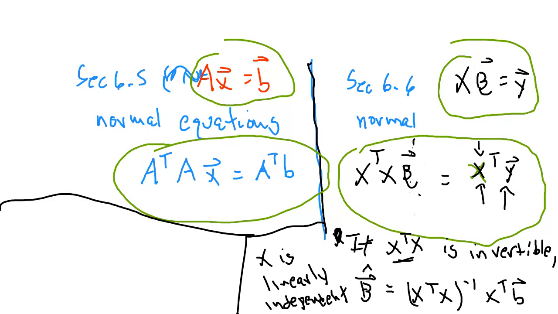Now let's suppose that you had a design matrix where, let's say, this were your design matrix, 1 1, and let's say that 3 3 is your second column. Okay, so 1 1.